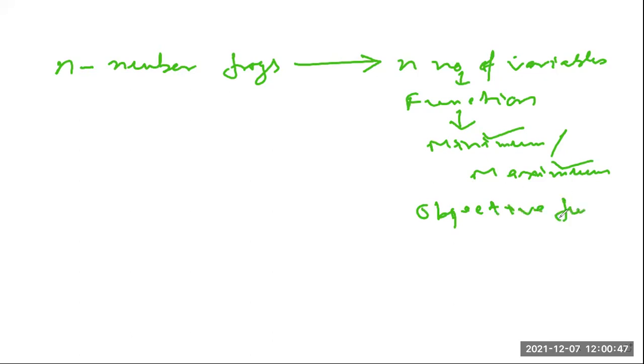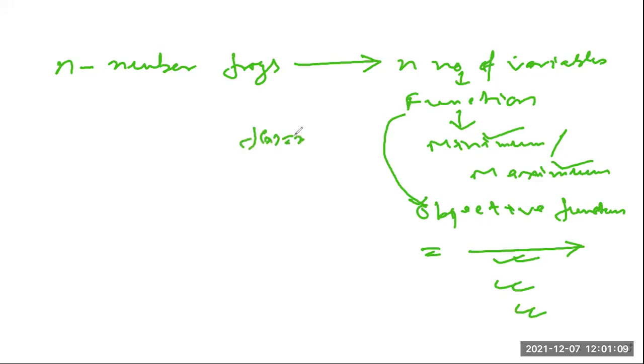The objective function is basically the function in this particular problem. This function is calculated in every iteration step, so that we get different values of the objective function. I will show you.